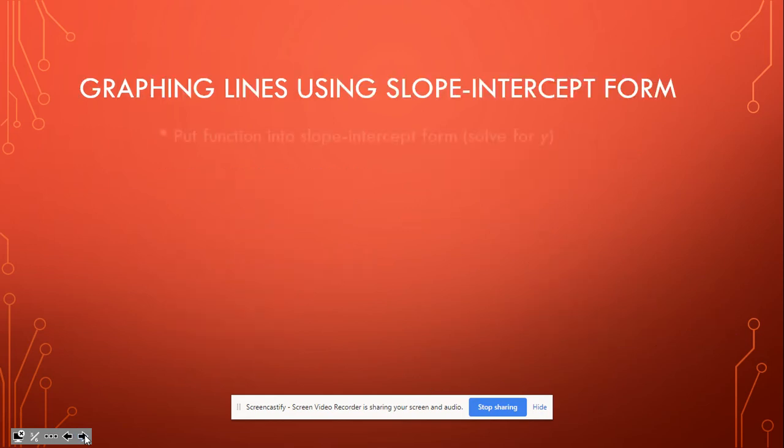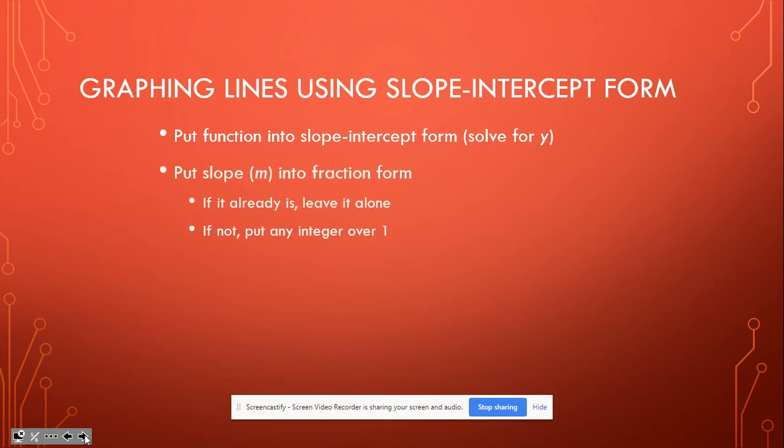Let's talk about graphing lines using the slope-intercept form. First thing you want to do is put the function into slope-intercept form, meaning that we want to solve for y. Next, if your slope isn't already in fraction form, you need to do so. Typically, if it's not in fraction form, that means it's an integer. You could put any integer over 1.